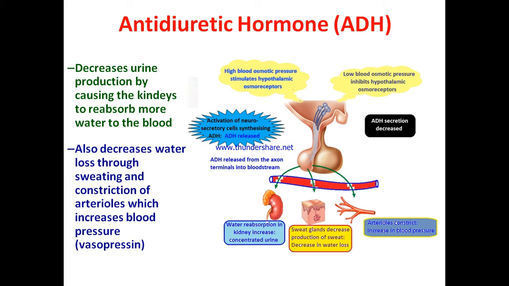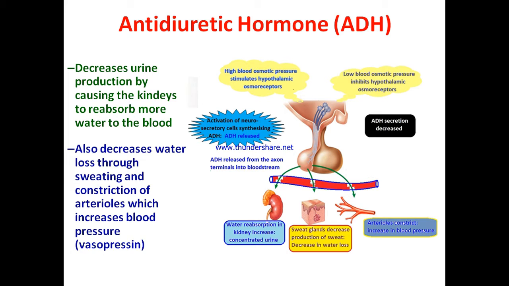ADH also has effect on sweat glands. It decreases production of sweat and hence decreases water loss. So water is conserved. ADH reaches the arterioles and causes their constriction, which increases blood pressure. The osmolarity of the blood is normally increased by decreased volume of the blood or the decreased percentage of water in the blood.